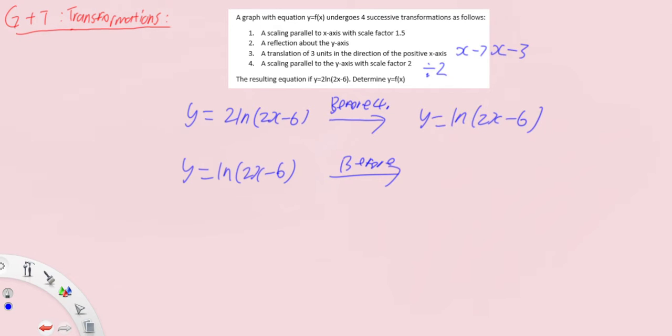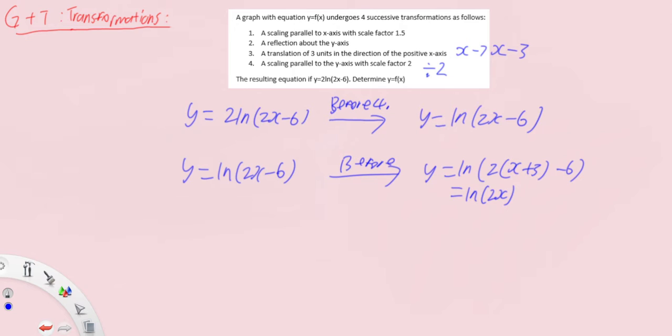So if you have every variable minus 3, now you just need to plus back 3. As such, you have y equals ln(2(x plus 3) minus 6). Alright, don't forget you're dealing with the variable itself. Don't forget that the variable is also affected by the scaling. So 2(x plus 3) minus 6 actually gives you simply ln(2x).